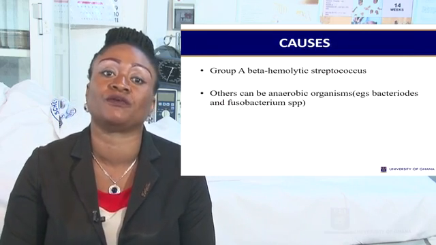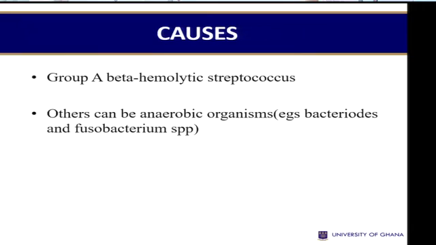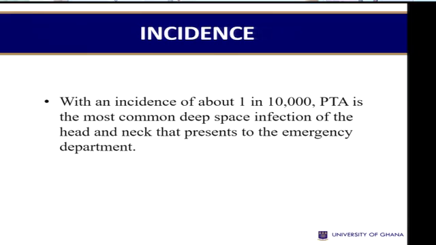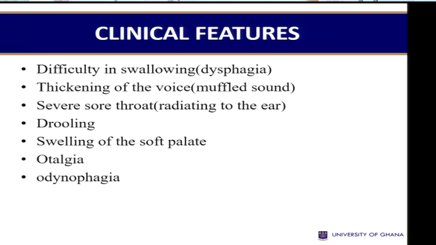It may be caused by group A beta hemolytic streptococcus, and others can be anaerobic organisms, and it has an incidence of 1 in 10,000. It is the most common deep space infection of the head and neck that presents to the emergency department.